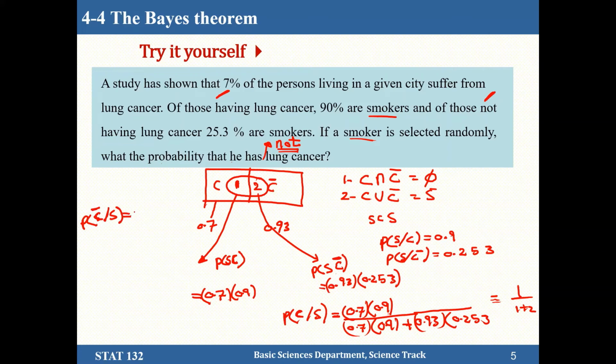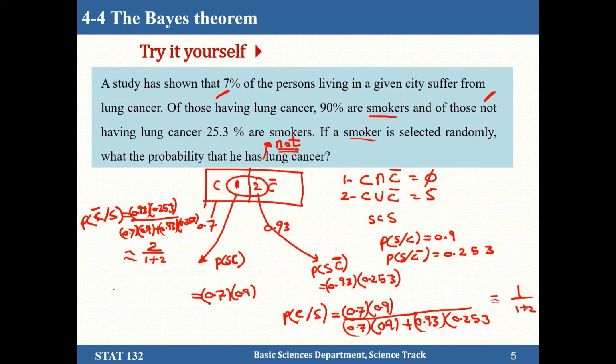This equal 0.93 multiplied by 0.253 over 0.7 times 0.9 plus 0.93 multiplied by 0.253. Just like 2 over 1 plus 2.